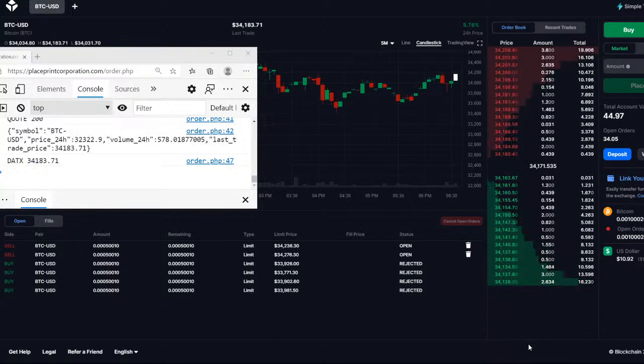Very choppy trade here. 34,183 is the last. Continue to wait patiently.